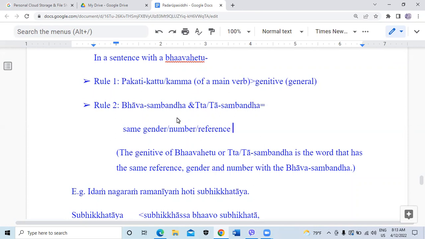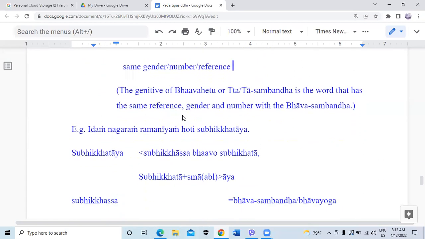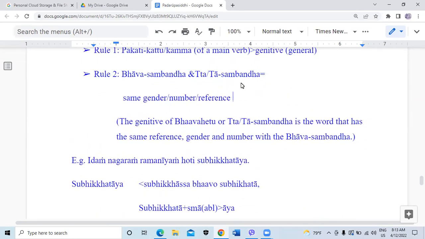Okay, same gender, same number and reference. What are bhava sambandha and tata sambandha? The genitive of bhava hetu or tata sambandha is the word that has the same reference, gender and number as the bhava sambandha. Now what you need to know is what is bhava sambandha and what is tata sambandha.